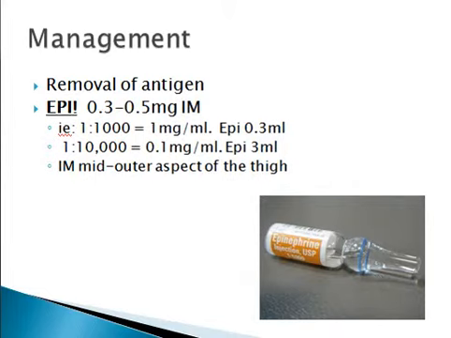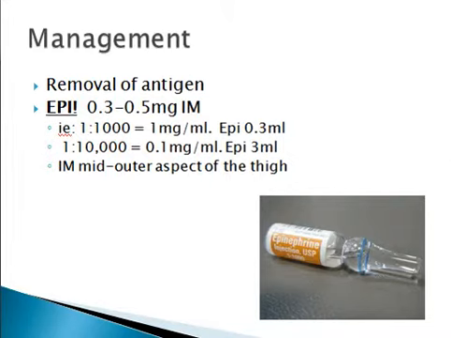So 1 in 1,000 means for every 1 milliliter of fluid, there's 1 milligram of epinephrine. So if I wanted 0.3 milligram of epinephrine, I would draw up 0.3 milliliters. In a 1 to 10,000 concentration, that means I have 0.1 milligrams of epinephrine for every milliliter. So I would actually draw up 3 milliliters of epinephrine.